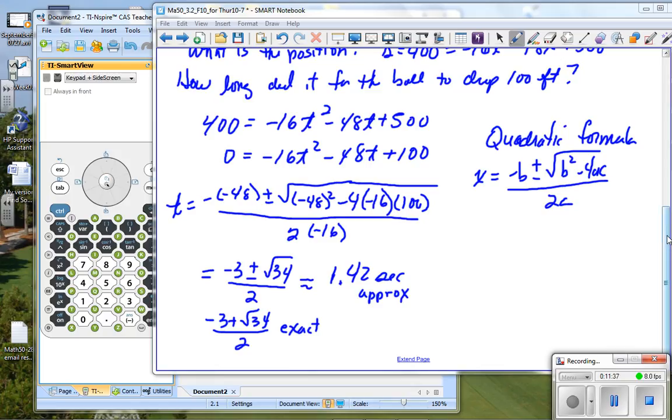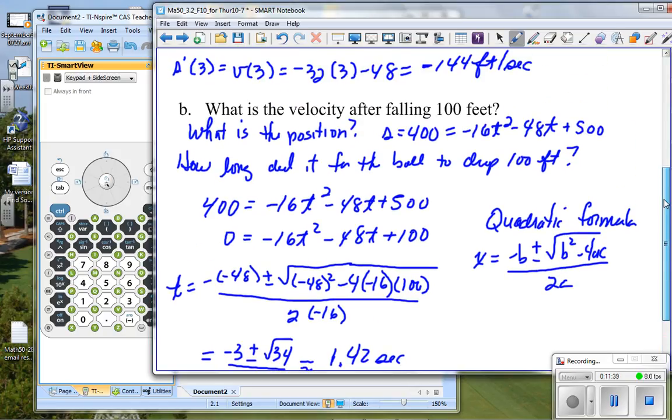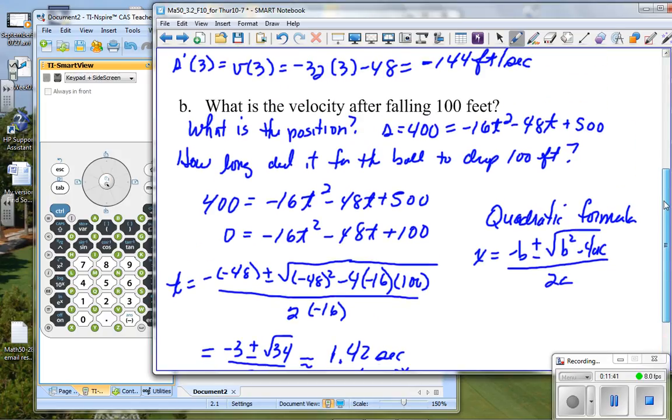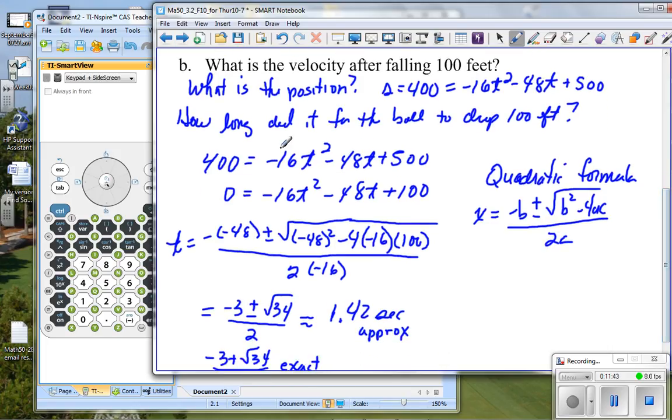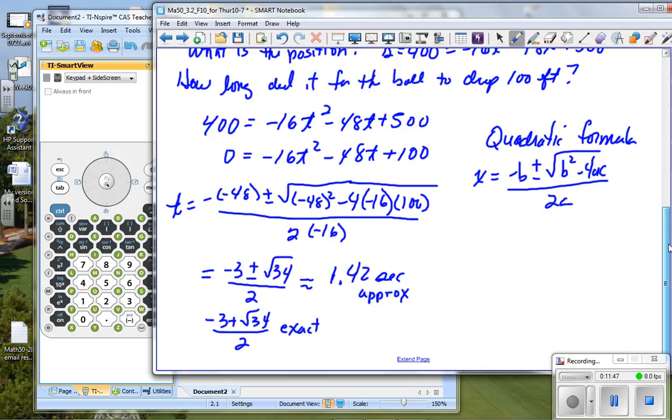Okay, let's go back. What is the problem asking? It says, what's the velocity after falling 100 feet? So the first question we had to answer is, how long did it take for the ball to drop 100 feet? It took approximately 1.42 seconds, or exactly this amount of seconds here. If I want to know velocity, then I need to know the velocity at negative 3 plus the square root of 34 divided by 2.